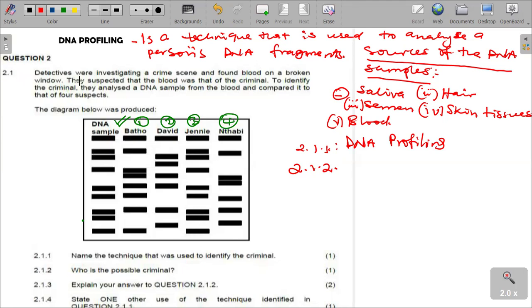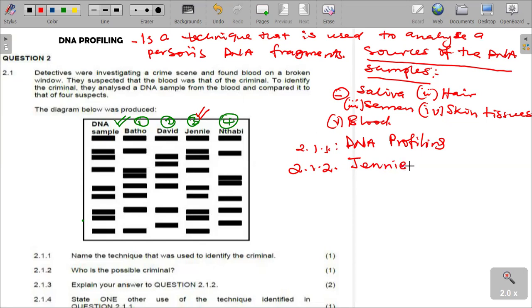So Jane's DNA sample matches the one found on the crime scene. So it is Jane who is the possible criminal.